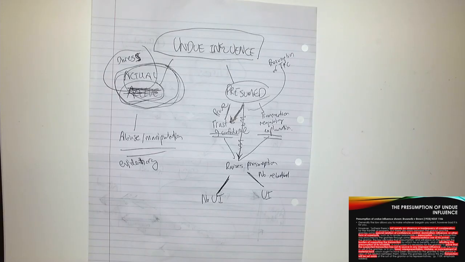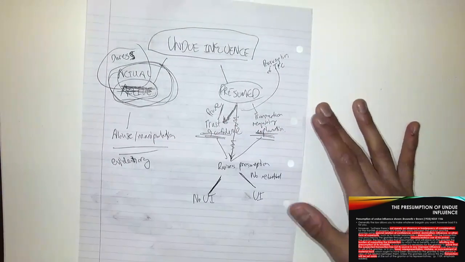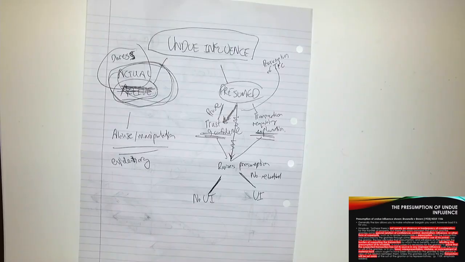In other words, if you have a transaction where it appears the consideration is inadequate and the relationship is one of reliance or domination or influence, so these are the precursors of trust and confidence, a transaction requiring an explanation, then the court says, you know what, that opens the door for us to adjudicate the adequacy of consideration.